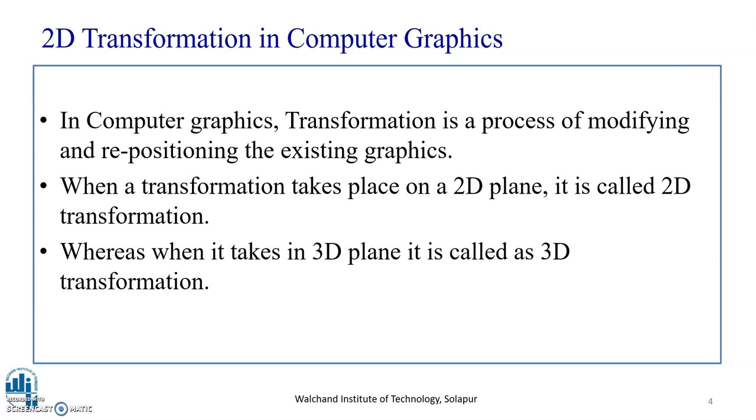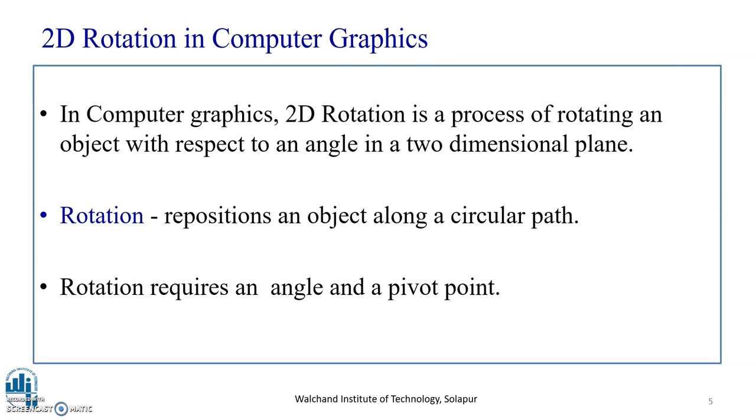When the transformation takes place on a two-dimensional plane, it is called 2D transformation, whereas when it takes place in a three-dimensional plane, it is called three-dimensional transformation. In this video lecture, I will be focusing on two-dimensional rotation in computer graphics.